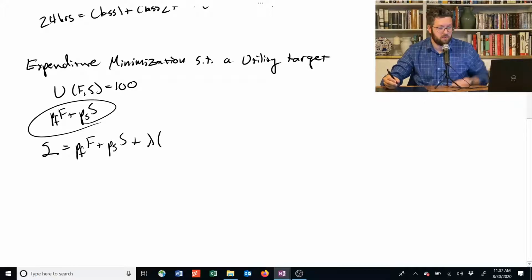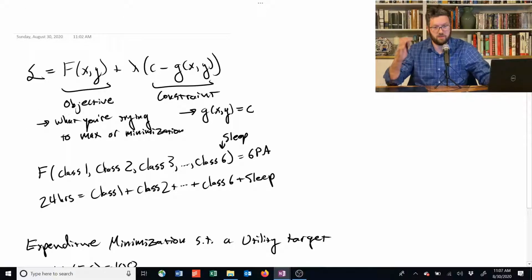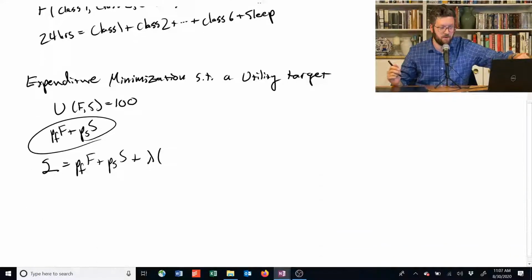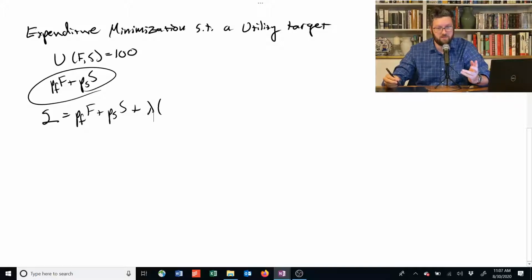And remember that we write the constraint as some function of your choice variables, g of x, y here, and it's equal to some number. Here we see that we have a utility function that we need to equal 100. So we subtract u of f and s. Okay? We've done step 1, set up this function correctly.